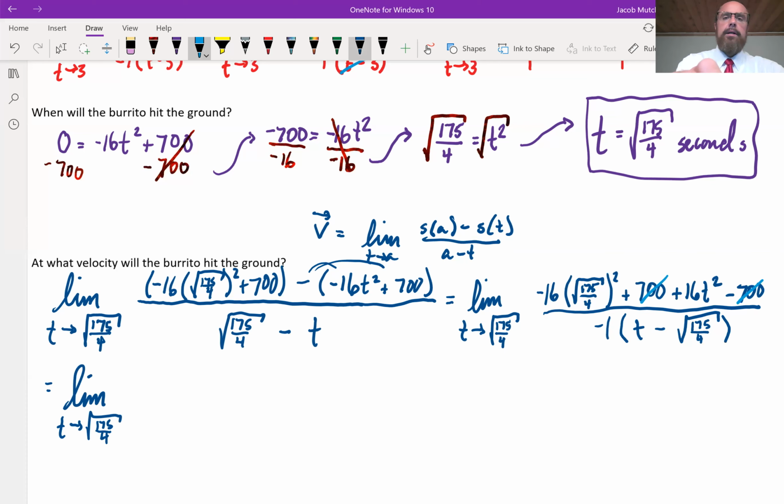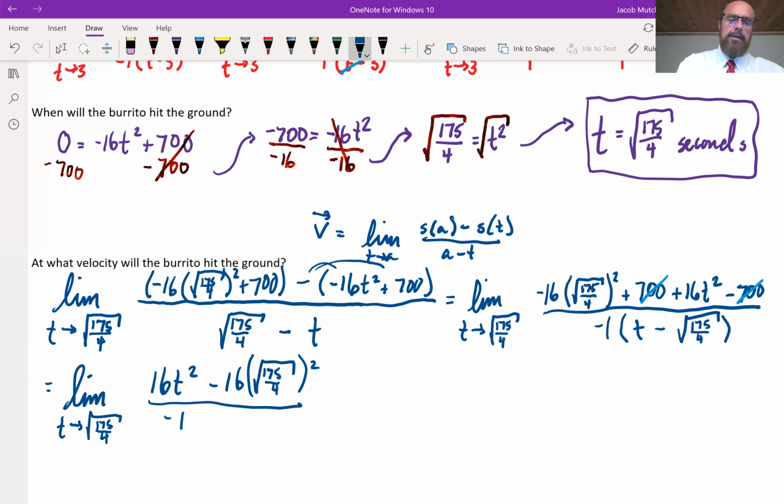And then I'm going to rewrite that numerator as 16t squared minus 16 times the square root of 175 over 4 squared, all over, I'm going to leave this the same in that factored form, t minus square root 175 over 4.